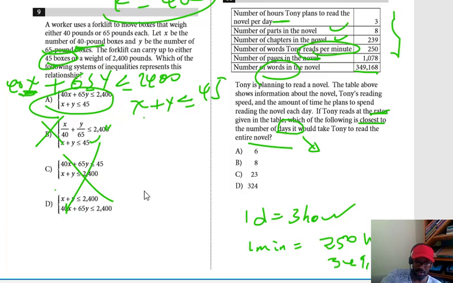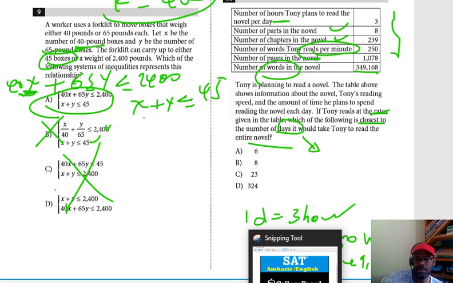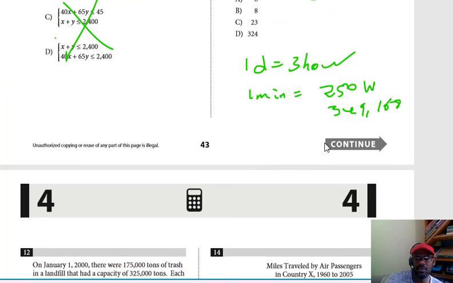349,168 divided by 250. So I have about 1396.67 minutes.